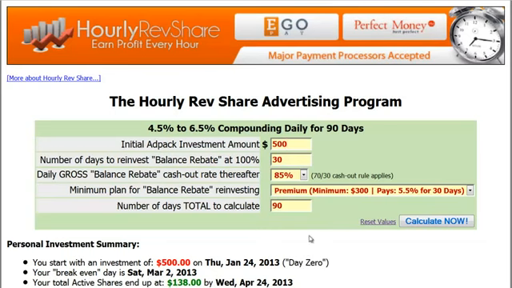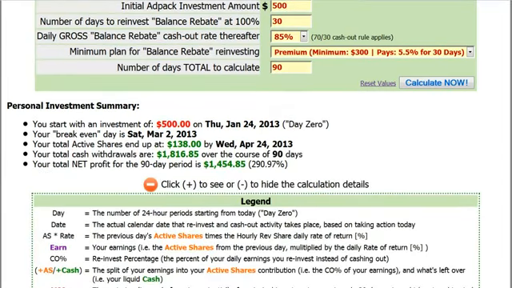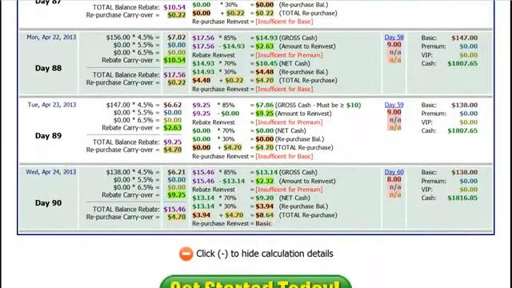And the final thing to show you here is that if you click on the calculator in your Hourly RevShare back office, it will include your affiliate link at the very bottom here. I can't bring it down, but you'll see the Get Started Today, which will include your affiliate link and take anybody you share this page with to your HourlyRevShare website.